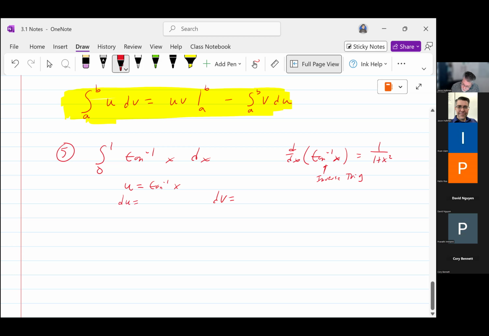And so we're going to say that that's 1 over 1 plus x squared dx. It turns something that's inverse trigonometric into something that is now algebraic, which is really nice. When I differentiate, I get something very complicated, an inverse trigonometric function, and it turns it into a nice algebraic function.